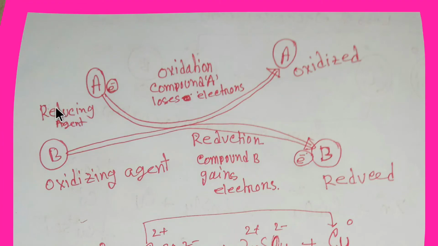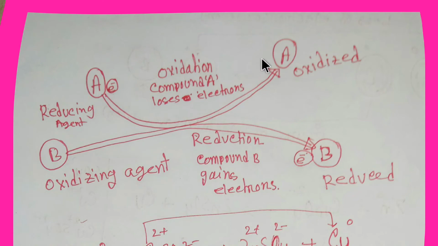Well, A and B are two different reactants, right? They will react with each other and we'll get this product and this product, right? Now let me explain what is oxidation, what is reduction, what is oxidizing agent, and what is reducing agent. I will give some idea. A is losing electron, right? This is electron, here there is no electron.